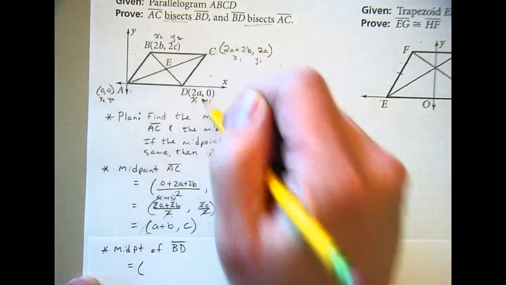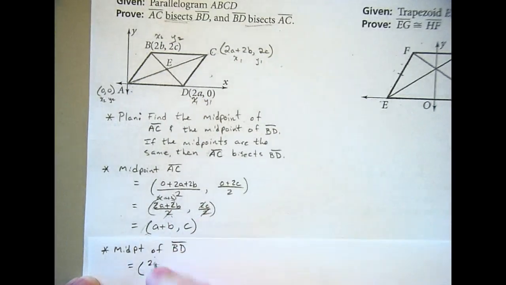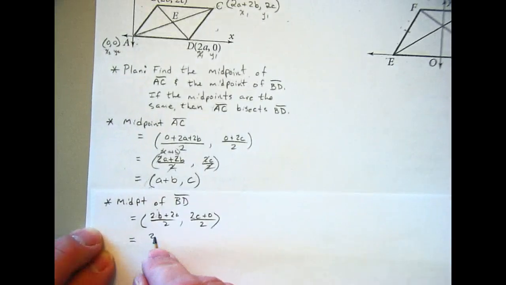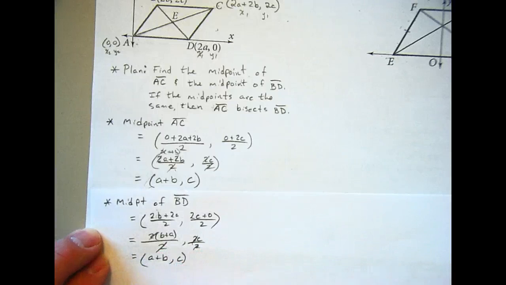So we'd have 2b plus 2a, and then 2c plus 0. Once again, we cancel. We think of this as 2 times b plus a over 2, and 2c over 2. And that gives us a plus b and c. All right. Very good. They have the same midpoint.